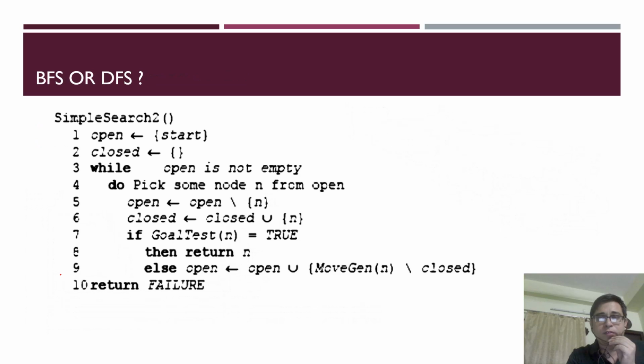So, sir, we are representing a node as a path? We are not representing it as a path, but in such a way that when we reach the goal, we can reconstruct the path.